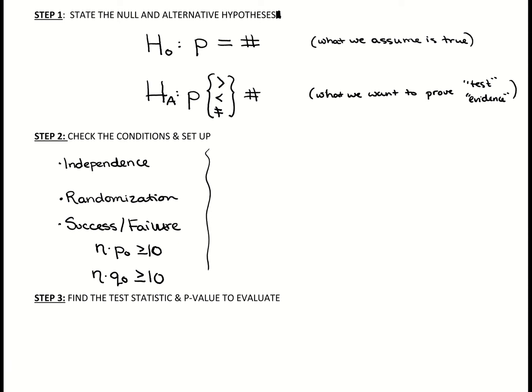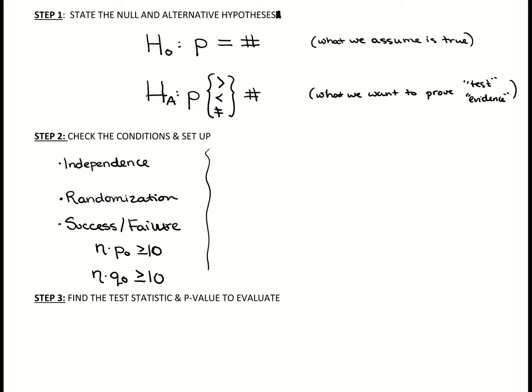Now, in the setup stage, this is where I just draw myself a little picture. Since you're in this spot of just setting things up, it can be helpful to draw a picture. What I mean is just recognizing, are you doing a right tail, left tail, or two-tail test? Especially when you do a two-tail test, this step can be helpful to make sure that you're calculating p-value correctly.